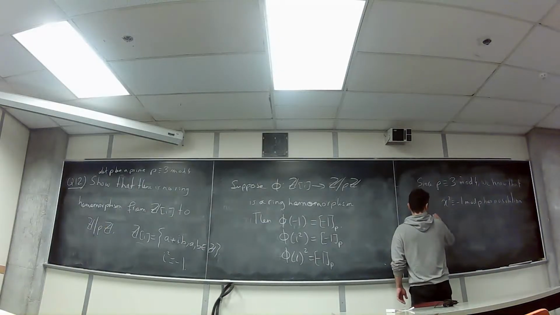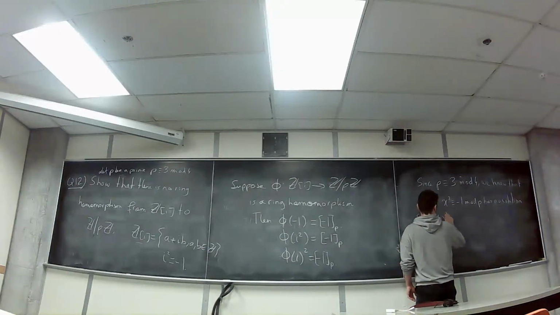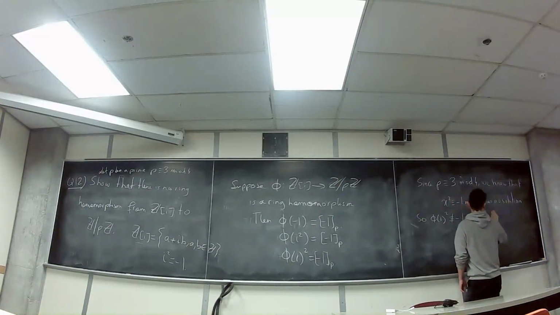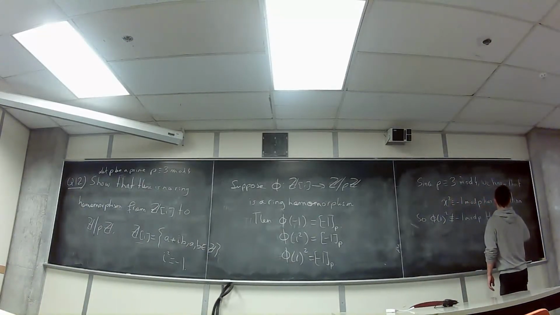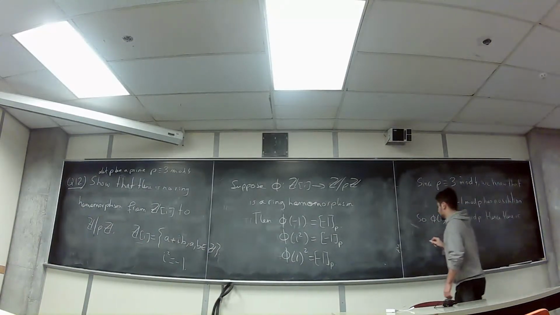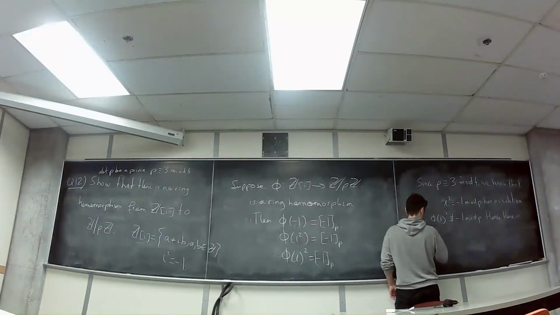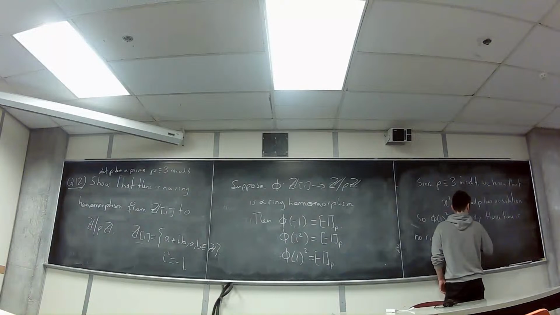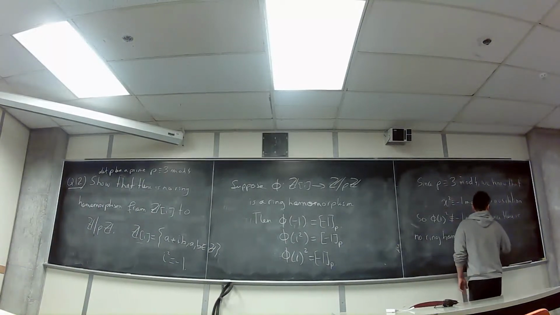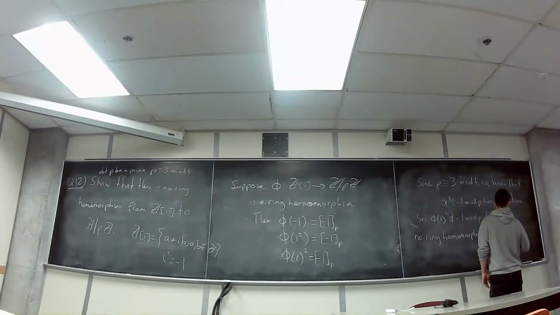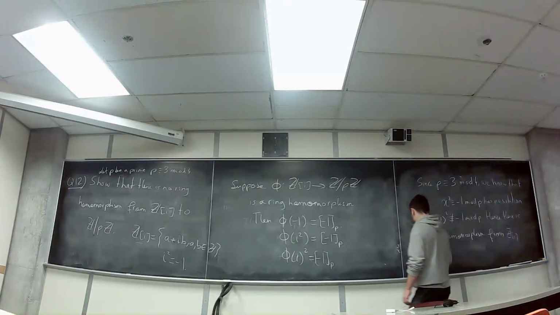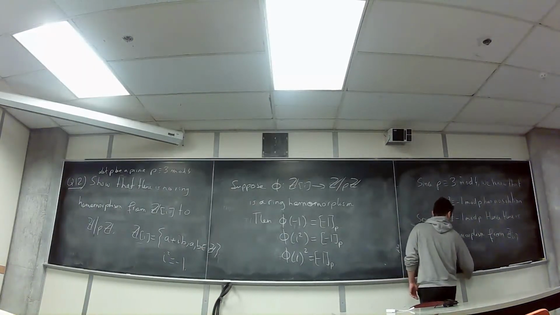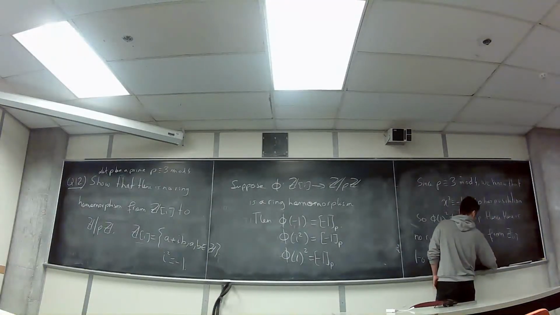So phi of i squared is different than -1 mod p, hence there is no ring homomorphism from Z[i] to Z mod pZ if p is congruent to 3 mod 4.